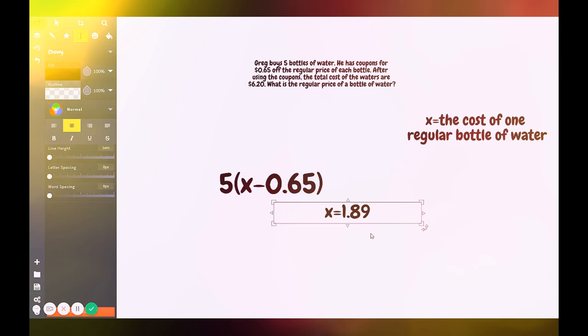Since we have isolated the variable completely, we know that x equals 1.89. Now, if you want to check this, you would replace the x in the original equation with 1.89 to check for equality.